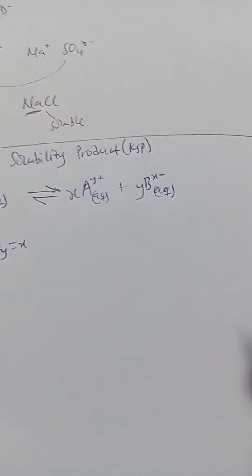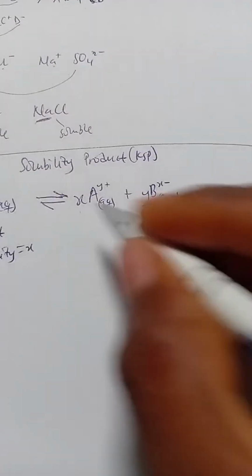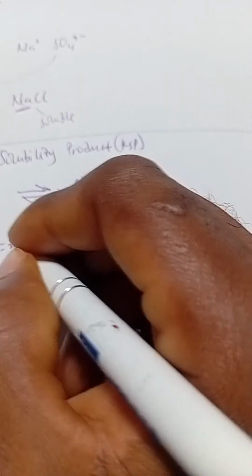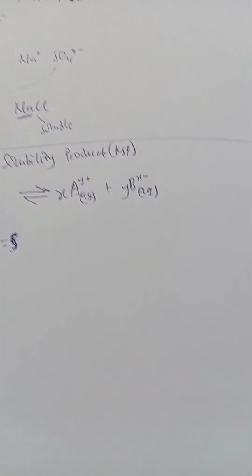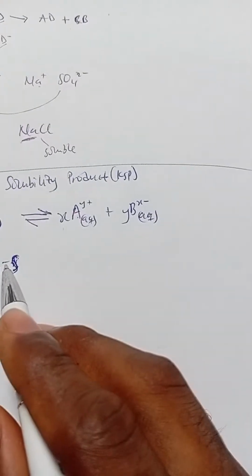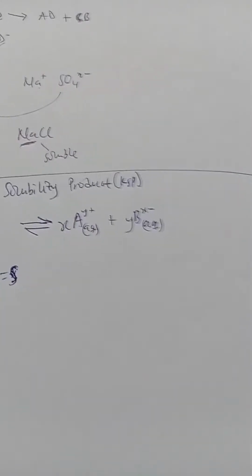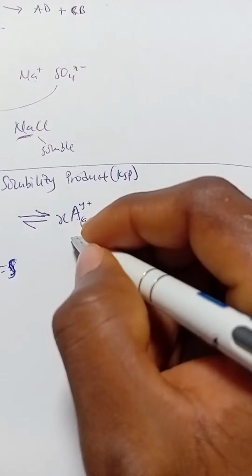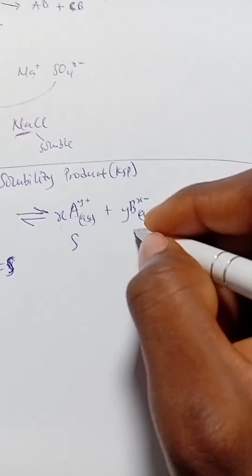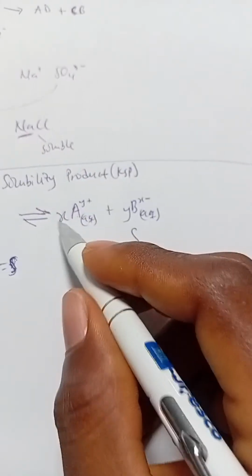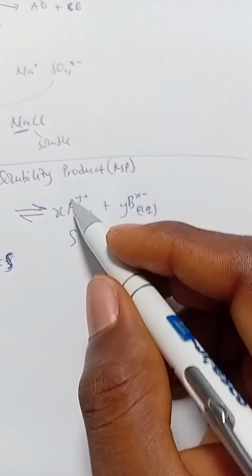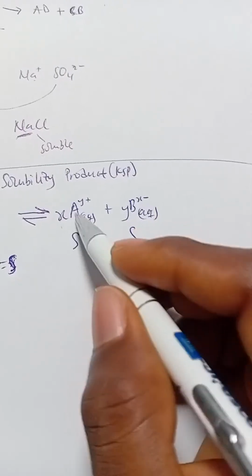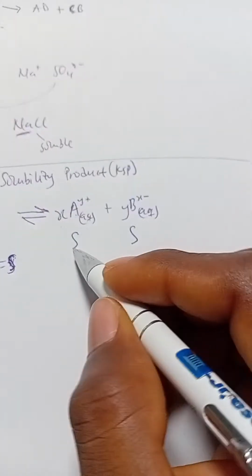So A here comes X number of times, so we have to balance. Solubility, let me use S. We are going to use mole ratio. If the solubility of this sparingly soluble salt is S, then S is going to come here and S is going to come here. The number of moles we have of the ion for A must multiply our solubility.